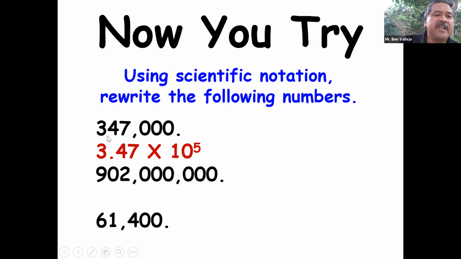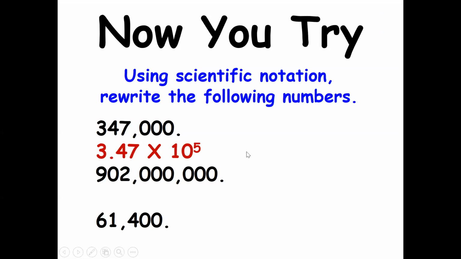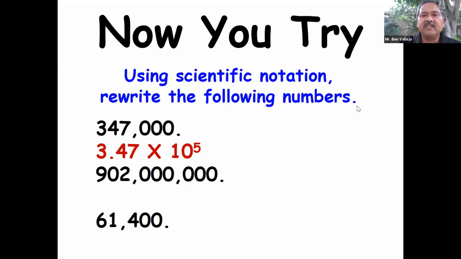And I moved it over to here and not here because I needed that first number, this one right here, to be between 1 and 10. So as I move this over to the left, 1, 2, 3, 4, 5, I moved it over 5 times. So I got 3.47 times 10 to the fifth. Does that make sense, Oscar? Yeah, thank you. Okay, no problem. All right, so that's how that works.